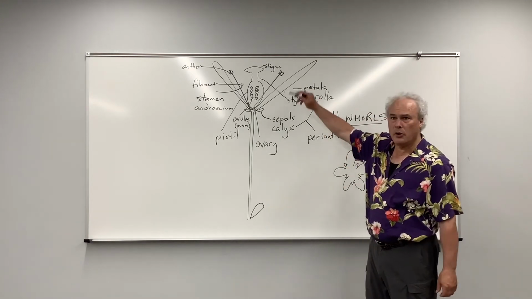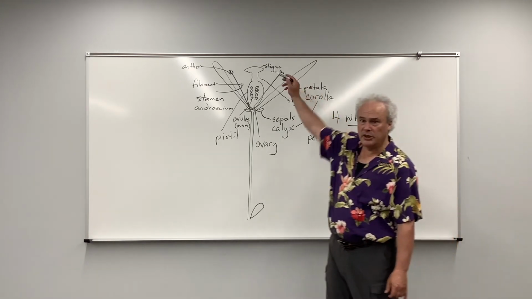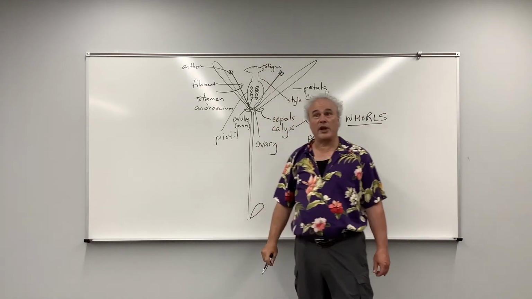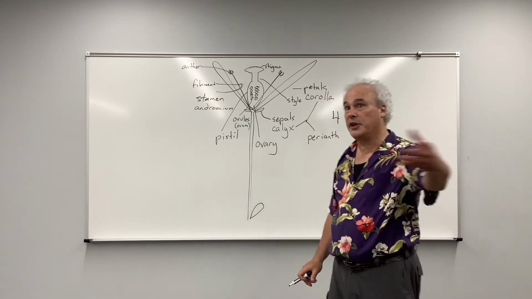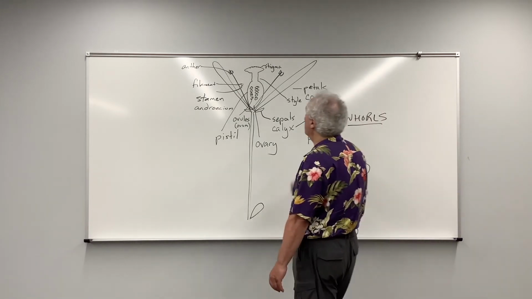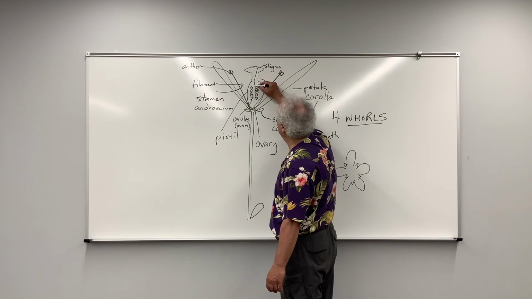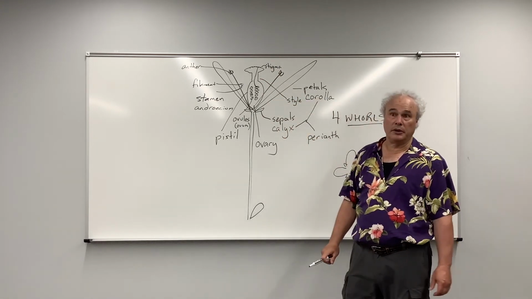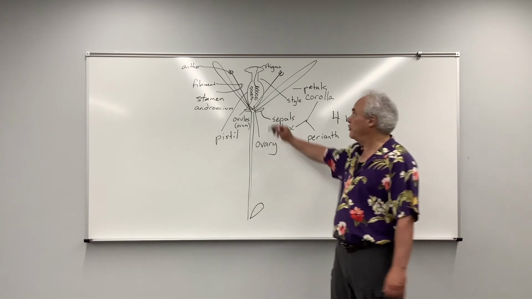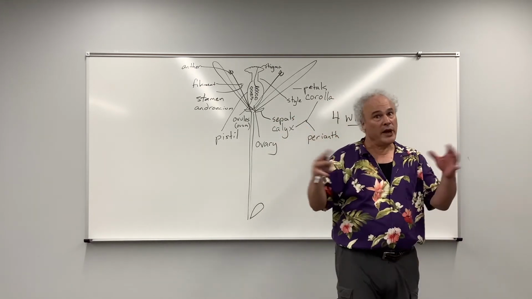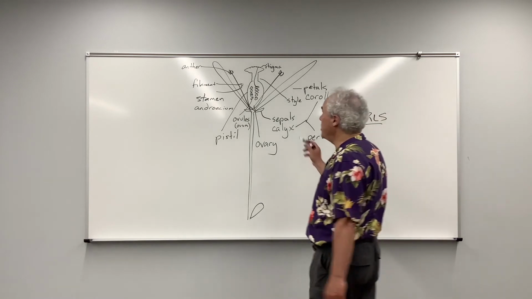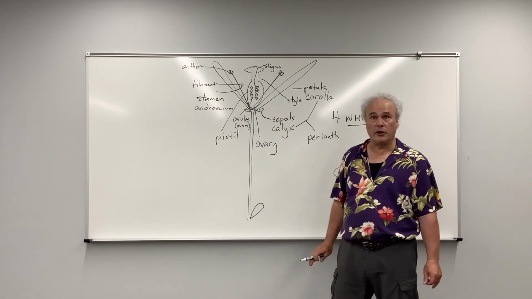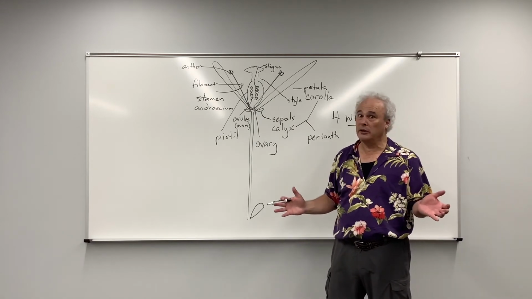When everything goes right here and pollination takes place, that is, pollen grains find their way onto the stigma, being brought there by an insect or a bird or the wind, and then the pollen tube grows and puts sperm in the ovule, and fertilization takes place in the ovule. If all that goes right, then maturation of the ovary occurs. The rest of the organs of the plant generally wither away and die.